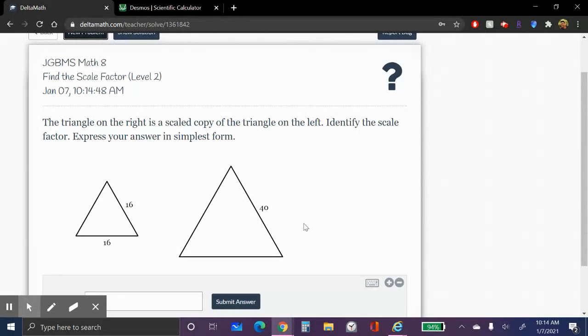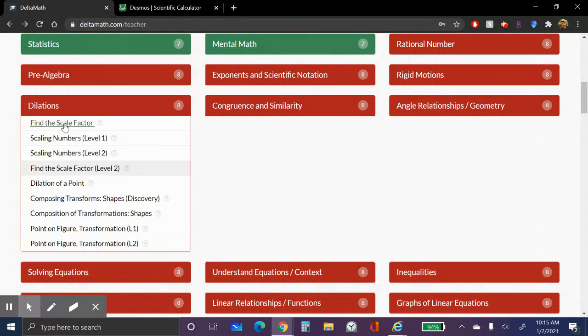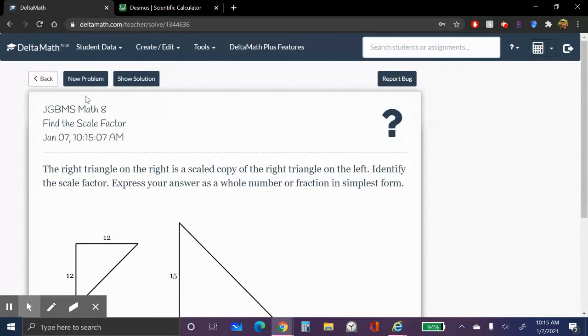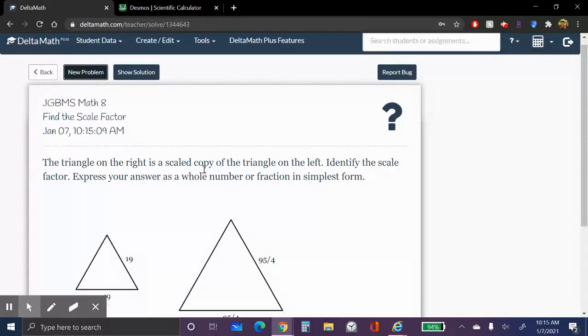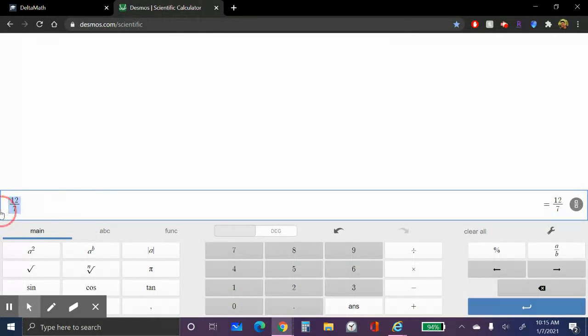I don't think there's one with fractions with this one, but I want to do one more with fractions, so we'll go back to the other one. Let me try to find one with a fraction in it. Here we go. This one became bigger. So we have 95 over 4, and we're going to divide that by 19.